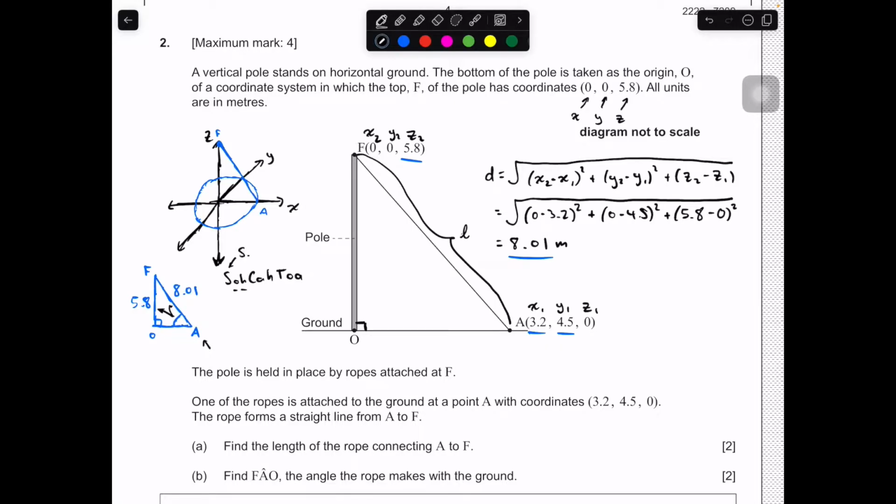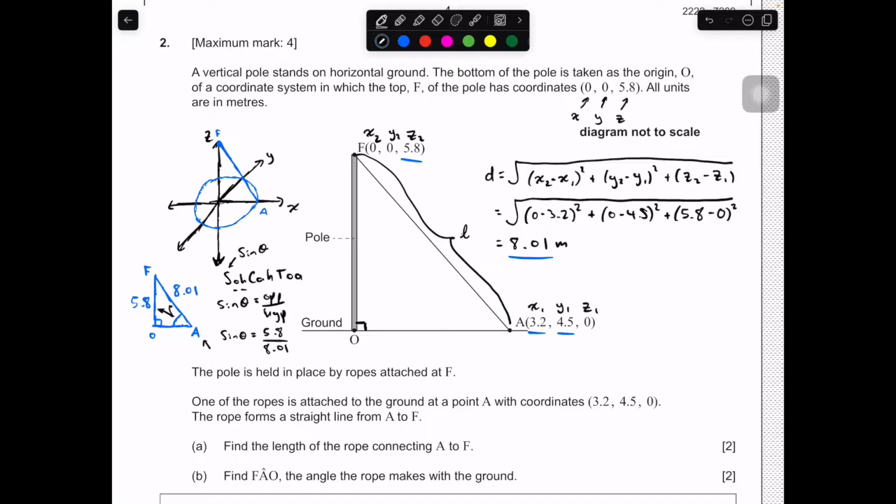So we should use sine theta. Okay. So I'll try to fit it in here if I can. Sine theta is equal to opposite over hypotenuse. And in this case, sine theta is equal to opposite is 5.8 and the hypotenuse is 8.01.